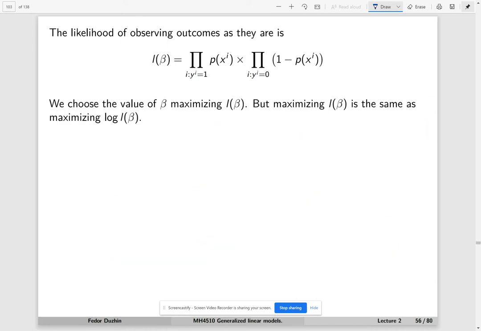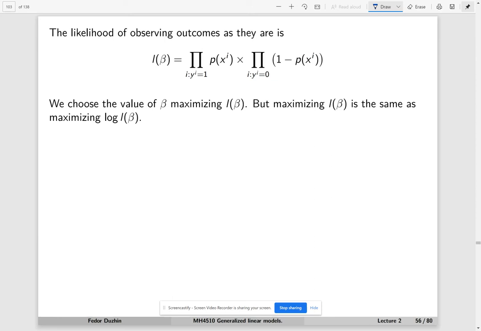The idea is that we are going to maximize the likelihood. So we are going to find parameters of the model, beta, so that observing the outcomes in the training data is as likely as possible, given beta.